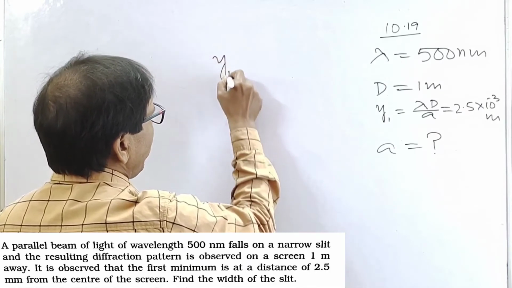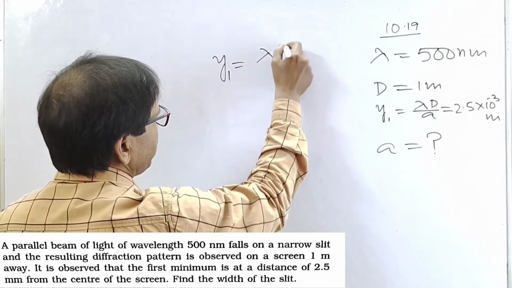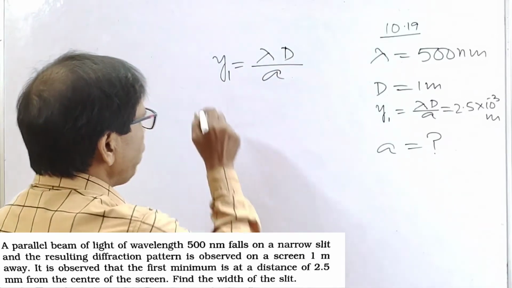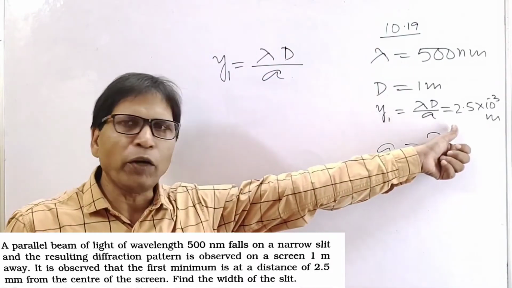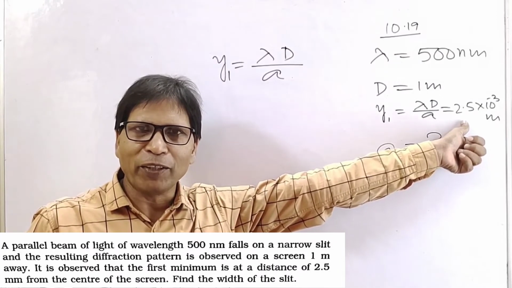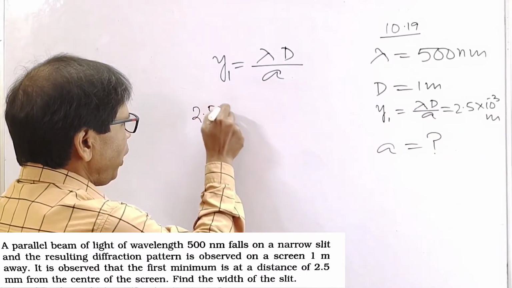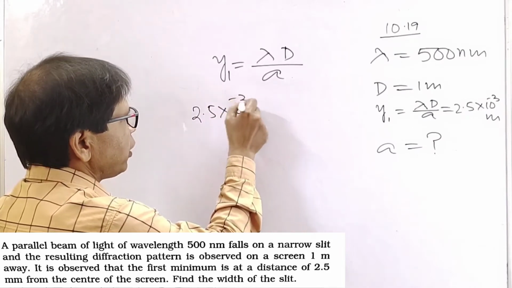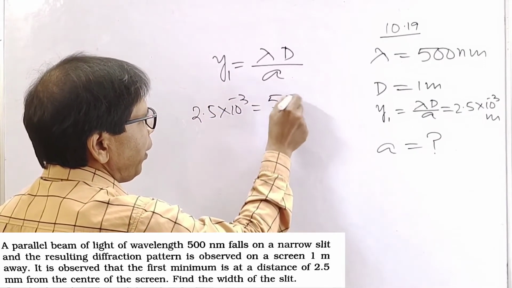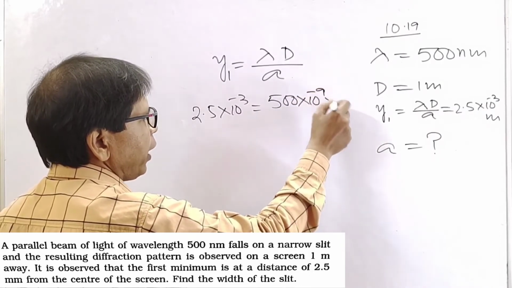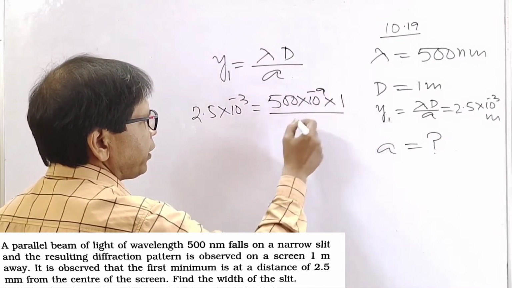The distance of the first minimum from the central fringe, y1, equals lambda D by a. Here y1 is 2.5 into 10 to the power minus 3 meter, lambda is 500 nanometer, that is 500 into 10 to the power minus 9, D is 1 meter, and this is a.